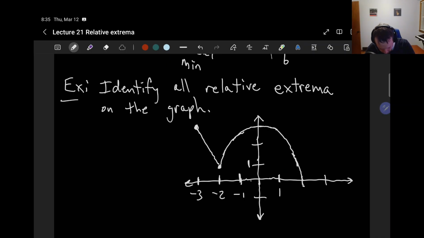And all right, let's say when we hit 3 as my x value, we reach this height of -1. And then we go back up. All right, so there's a somewhat accurate picture. And we want to find all relative extrema, or local maximums, local minimums.